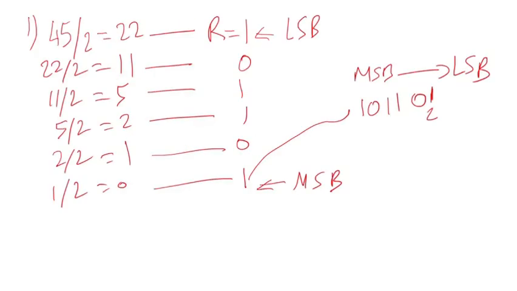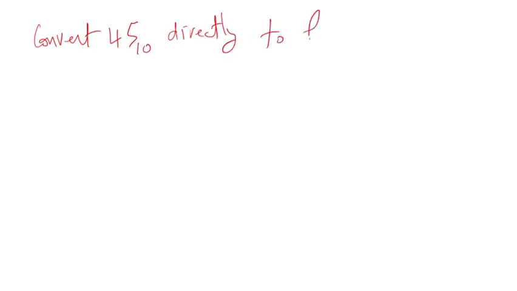Now I can show how to convert this directly to hexa. So the second option is convert 45 base 10 directly to hexadecimal. So I have 45 and the base that I want to convert to is 16. I'll just divide 45 by 16, which is 2, and I keep track of the remainders.